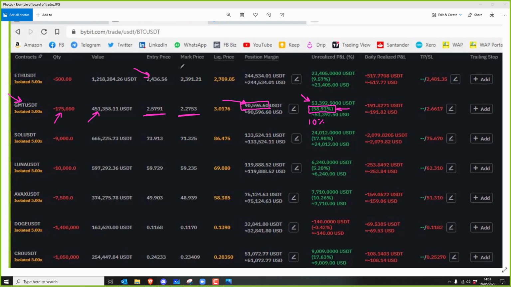Can I disturb you? 58% is the percentage times your leverage. Percentage, yeah. So the price moved times your leverage. No, so it's got nothing to do with the price. It's basically saying you've stumped up $90,000 to place this trade, and right now you're 53k up, and 53k is 58% of that 90k.